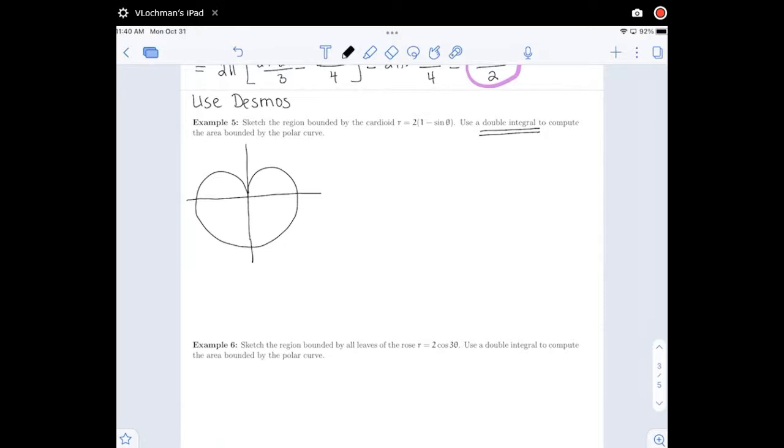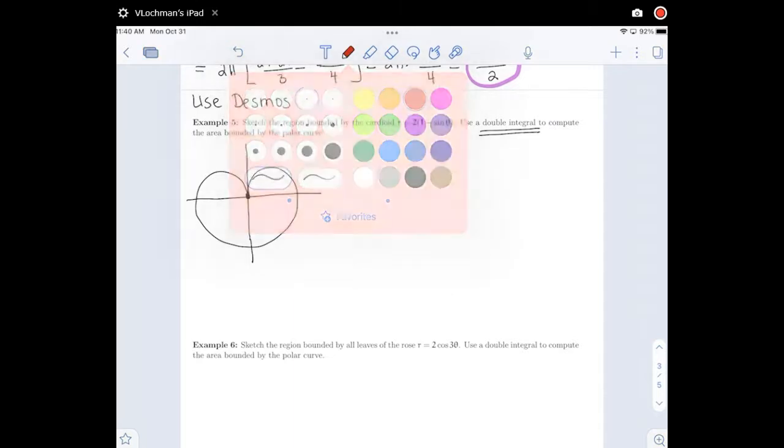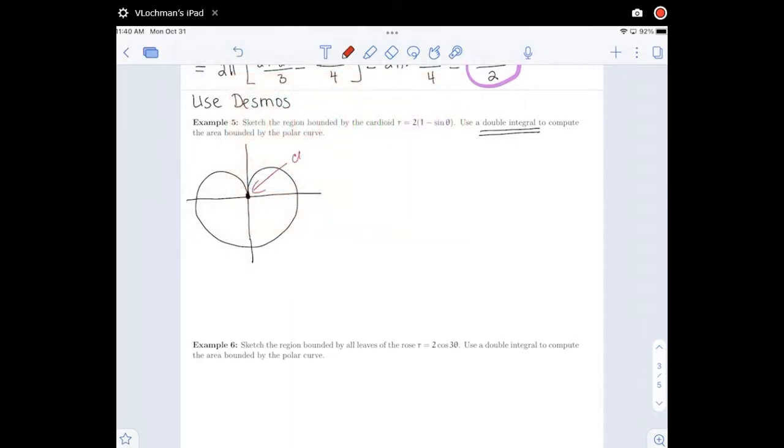Okay, where we have a cusp right here at this point. And that's problematic. That means we need to split things up as far as the integration goes. We cannot just integrate from 0 to pi over 2 because we have a problematic spot halfway through.